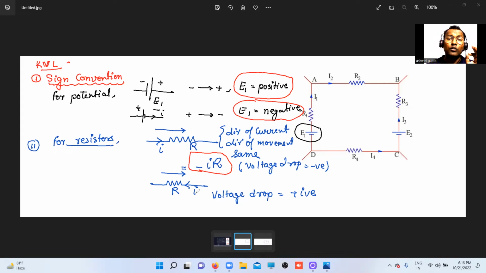And if we are moving opposite to the direction of current, the potential difference will be taken as positive. If you remember these four things, then you can solve every kind of electrical network or circuit very easily by applying KVL. It's so simple. Okay. So by recalling these concepts, let us try to apply KVL in the given circuit.